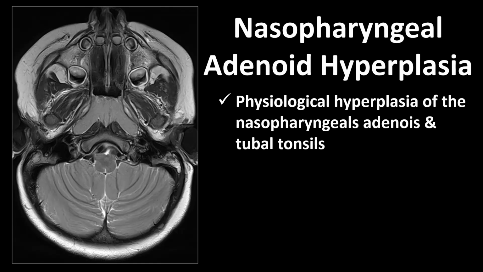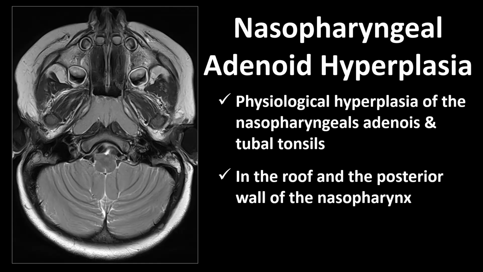We already talked about the lymphoid tissue located in the submucosa of the pharynx in more detail in the previous part on imaging anatomy of the pharynx. In children, due to chronic exposure to pollutants, to pathogens, and so forth, this lymphoid tissue can become chronically stimulated and hyperplastic. This is very common in children.